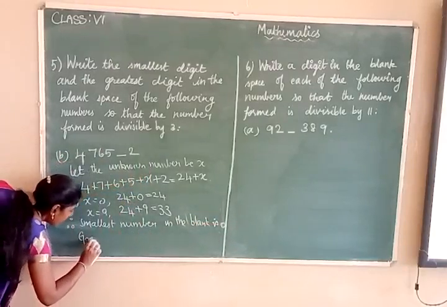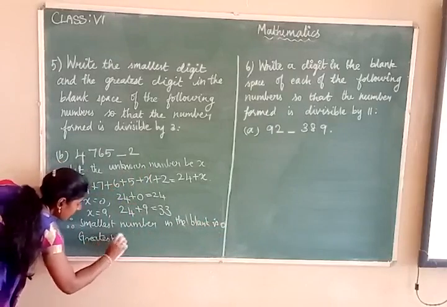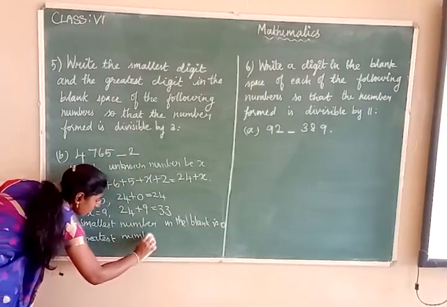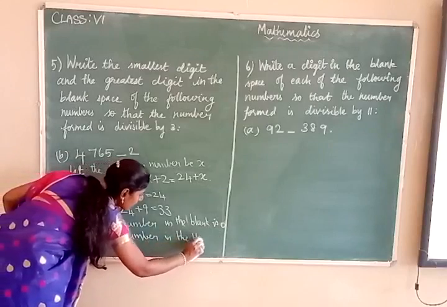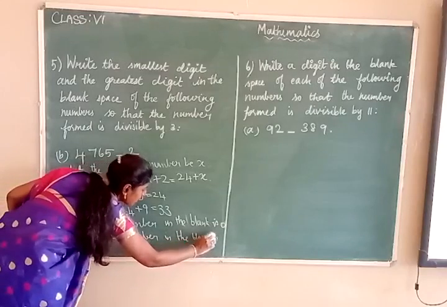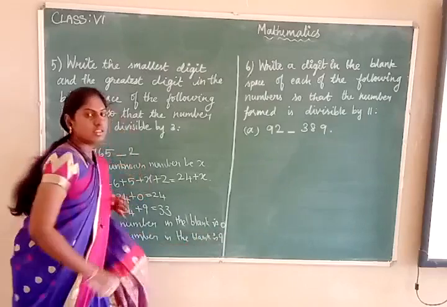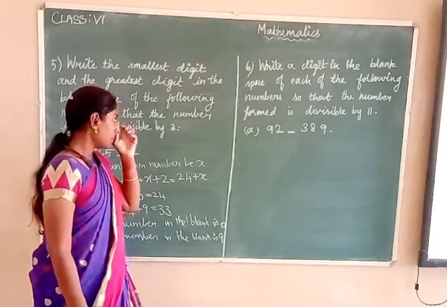Then the greatest number in the blank is 9. Is it clear for all of you? Okay, coming to the next question.